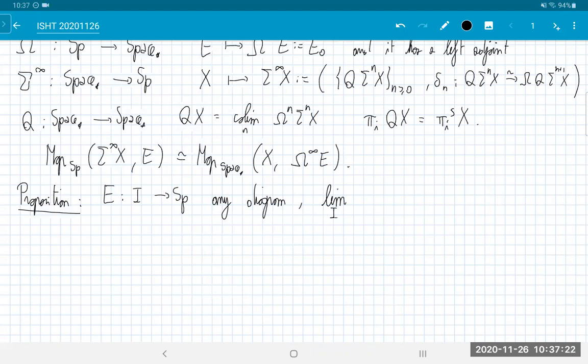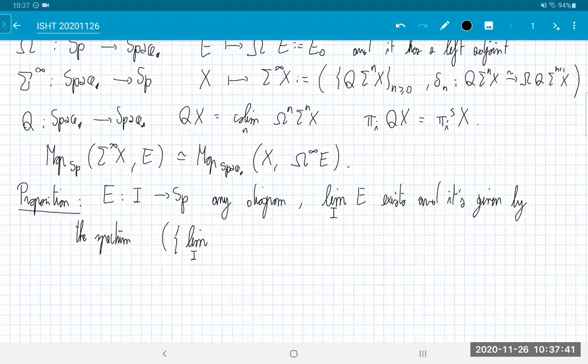Then lim I E exists, and it's given by the spectrum lim I E_I n, with structure maps lim I E_I n to omega lim I E_I n plus 1.